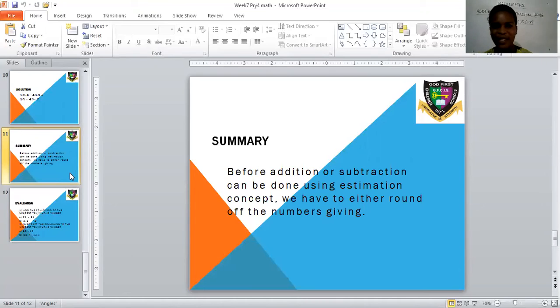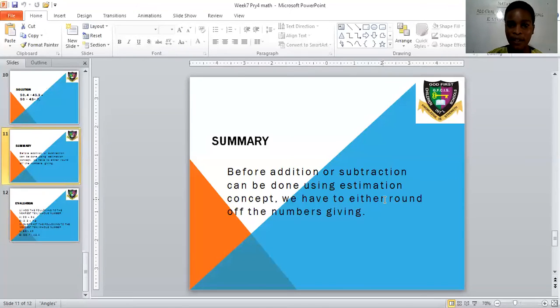Please listen carefully. Before we can do anything on addition or subtraction, we have to round off the numbers given. Please take note of that.